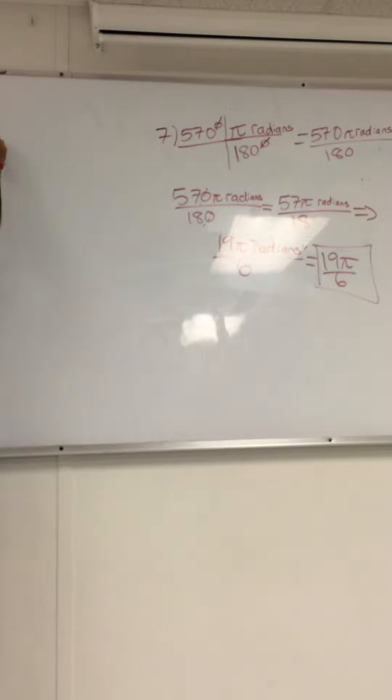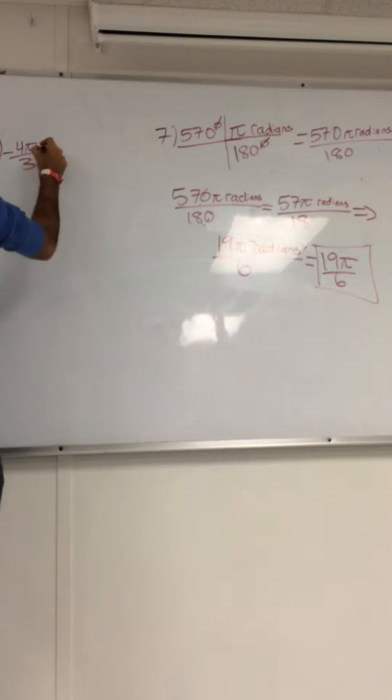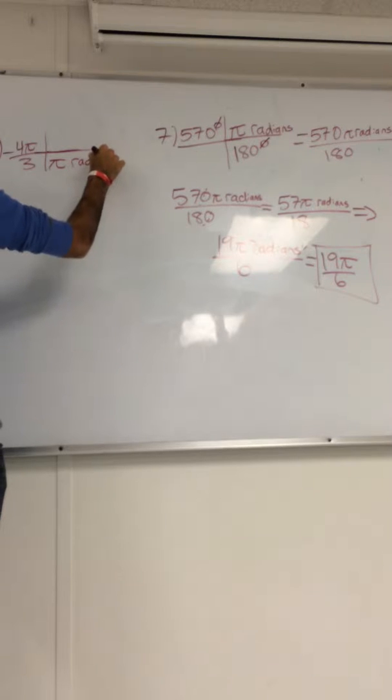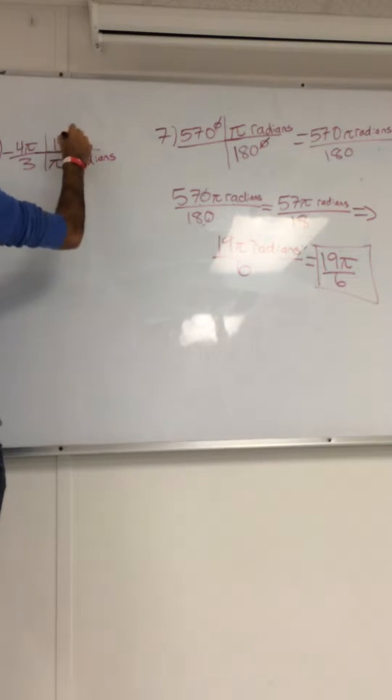Now let's do number 4. Negative 4 pi over 3. So I look at this and I'm like, all right, I don't see a degree sign, so this must be in radians. So I said, okay, let's see what's happening here. Well, I know that pi radians equals 180 degrees.